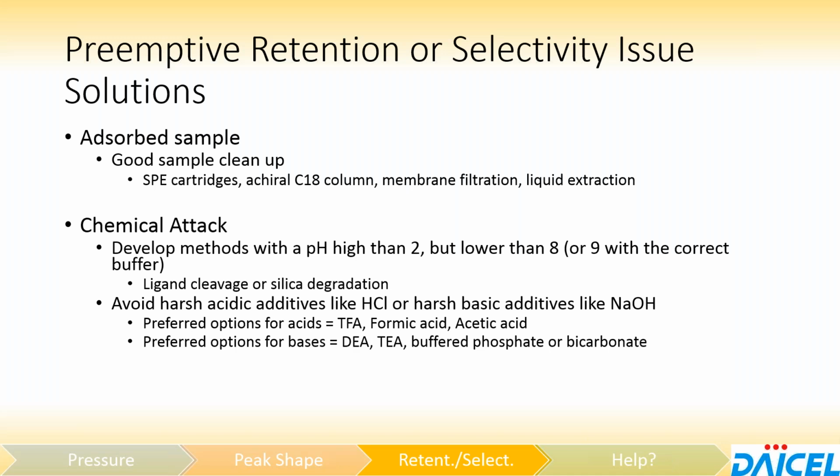And for bases, using an organic base like DEA or TEA if you're doing a normal phase or a polar organic method, or a buffered phosphate or bicarbonate system if you're doing reversed phase. Again, much gentler on the column, much less likely to begin degrading the silica as a result of the presence of that additive.